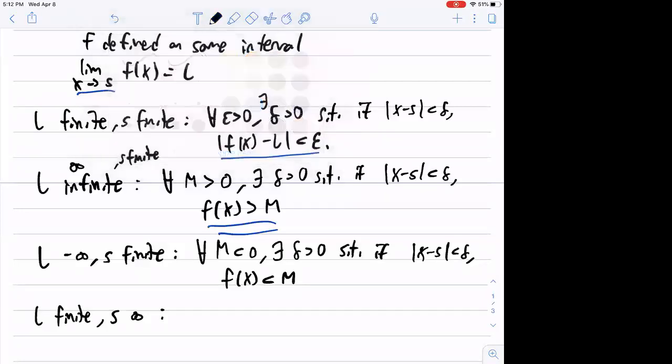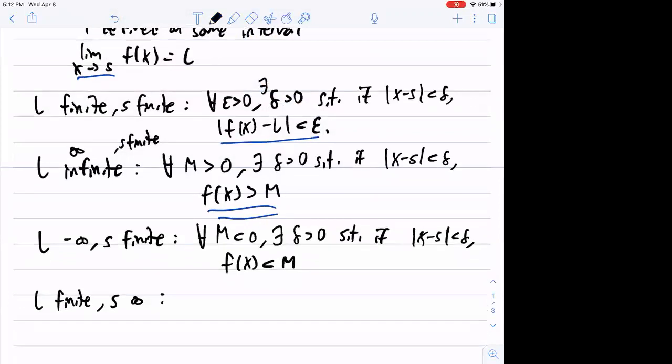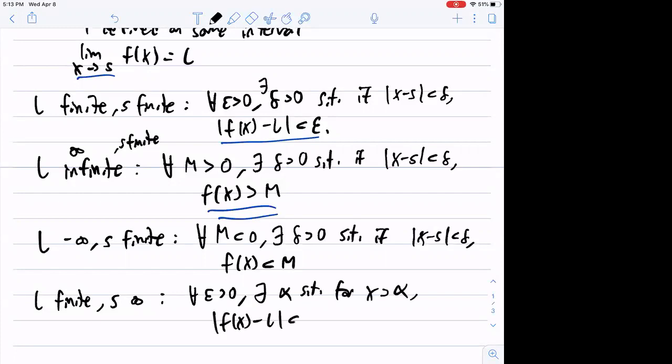So for all epsilon greater than 0, there exists alpha such that for x greater than alpha, |f of x minus L| is less than epsilon. So basically, I can get close to L provided I choose some alpha big enough, right?